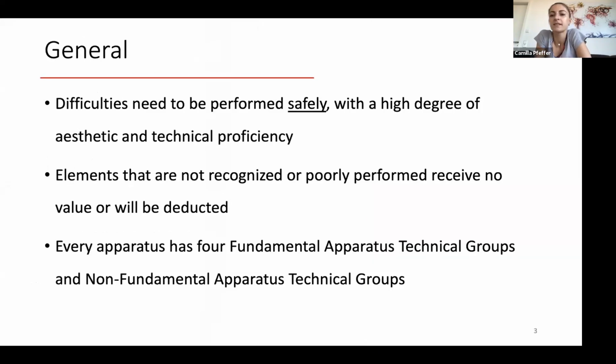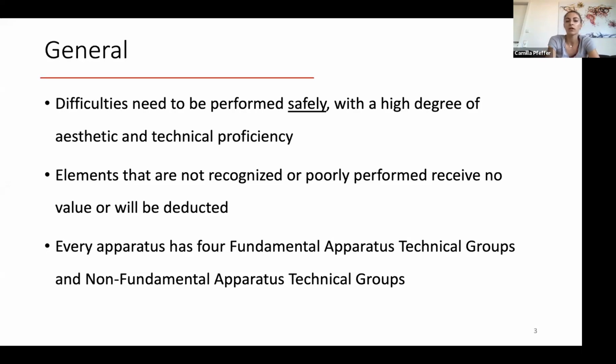In rhythmic gymnastics, it's written down in the code of points that all difficulties need to be performed very safely and with a very high degree of technical and aesthetical proficiency. So here you really have to check that everything is done very safely. This is very important in rhythmic gymnastics, to do things clean.